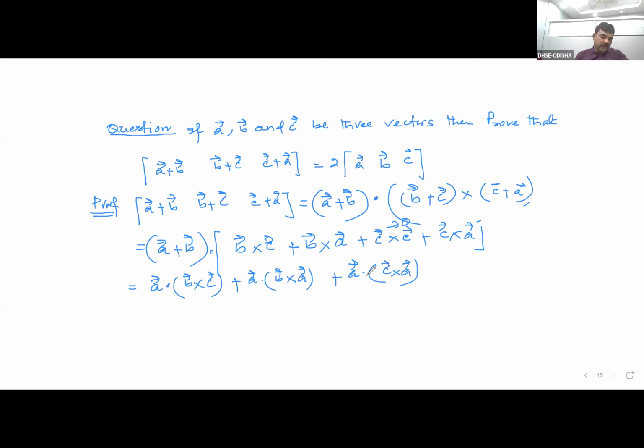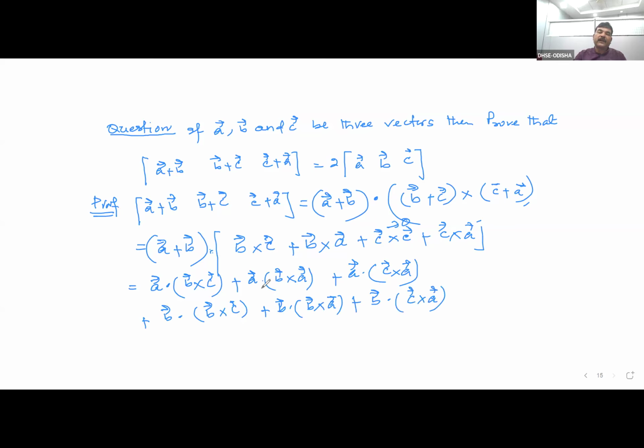Okay. Then we have to take the dot product of B with others. So plus B dot B cross C plus B dot B cross A plus B dot C cross A. Right?